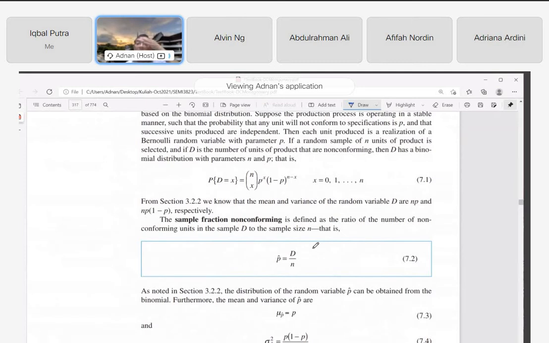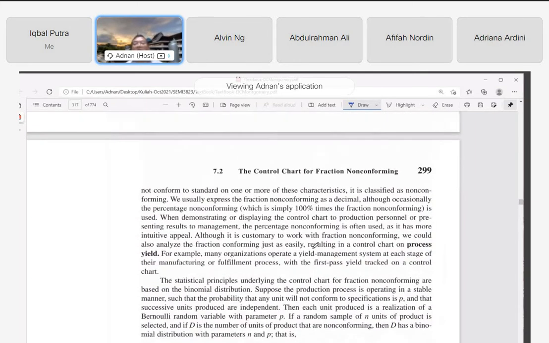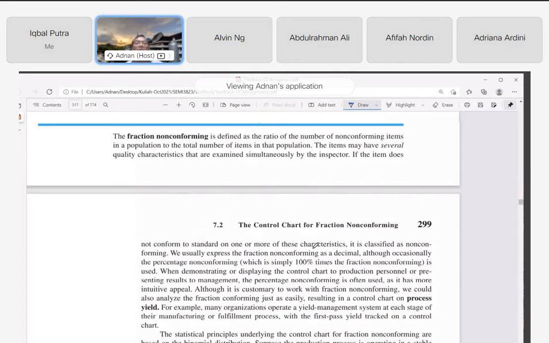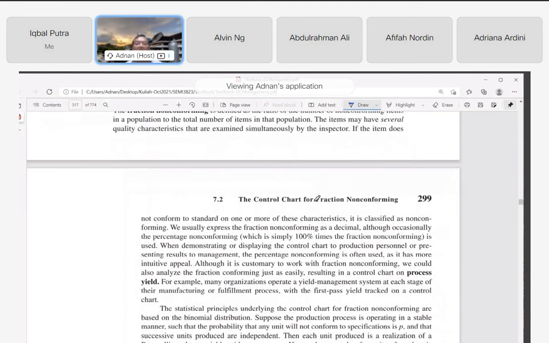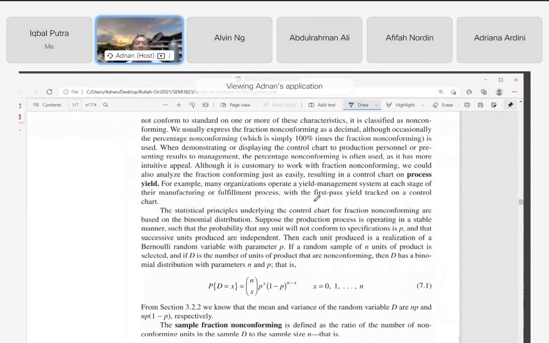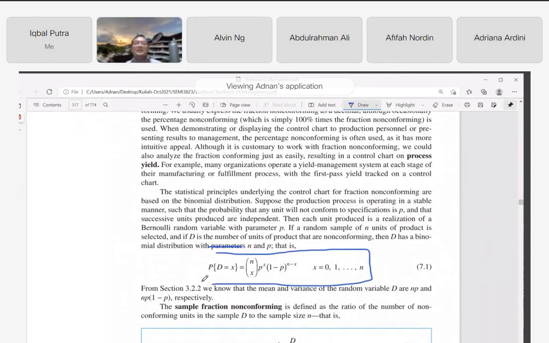So it is the theoretical theory of this P chart, or we call it the fraction non-conforming chart. It is coming from this: the probability of having the defective is given by this.